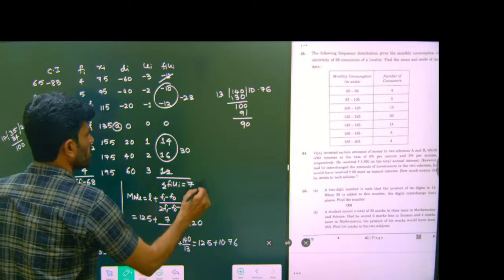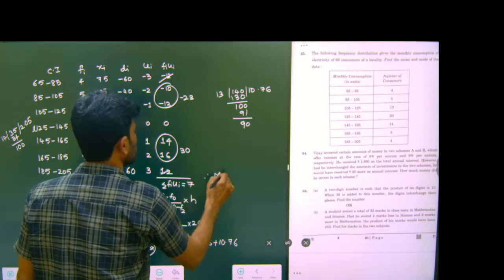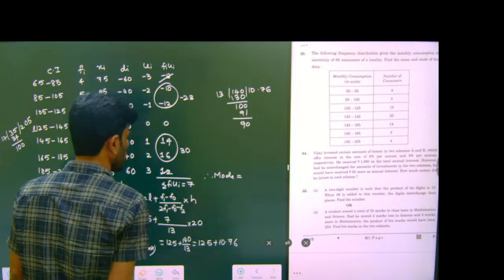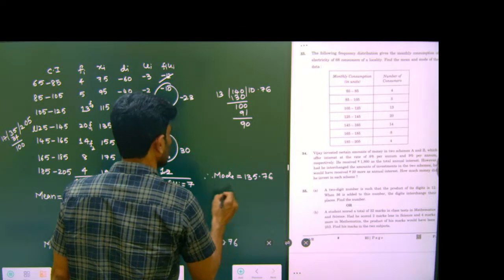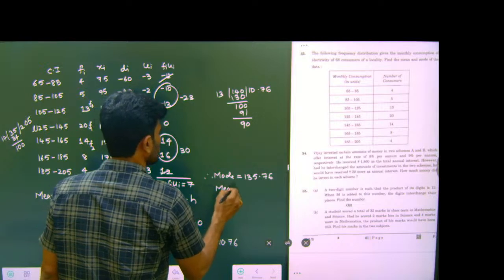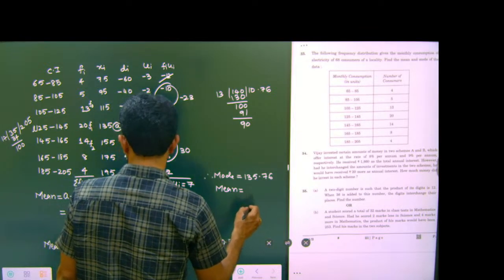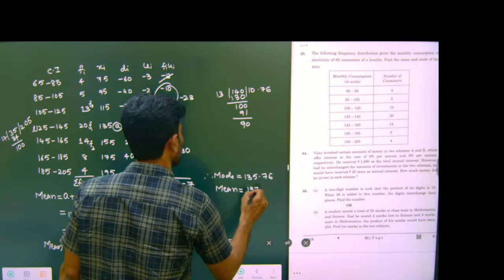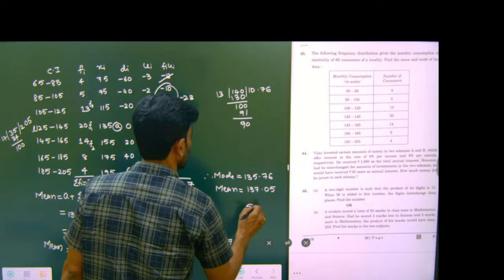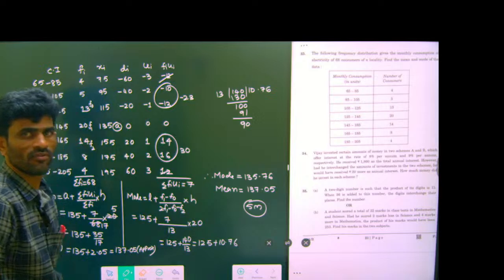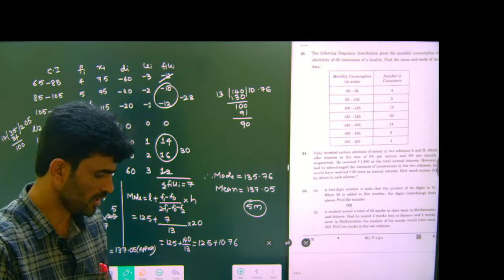So what is the mode here? Therefore the mode of the data is 135.76 and the mean of the data is 137.05. This is one more 5 marks question where you do not have any internal choice.